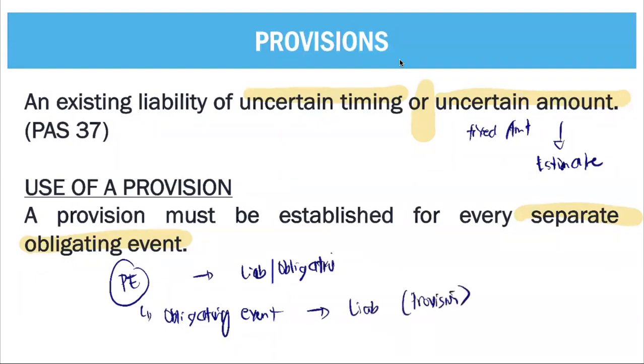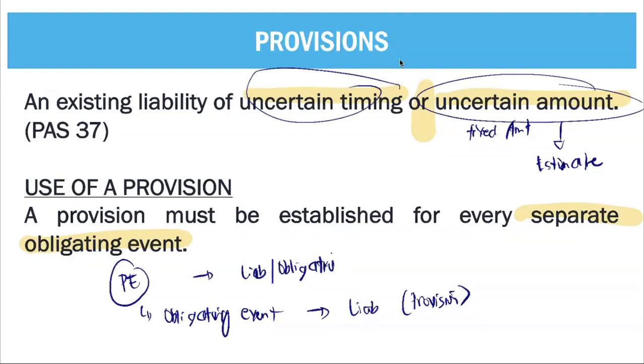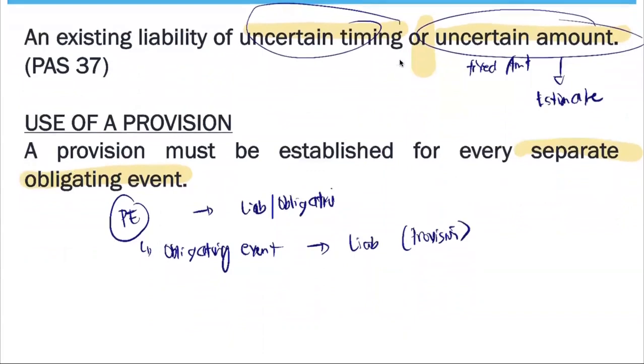So take note: provision, uncertain timing or uncertain amount. Whatever concepts we learned as to the recognition of a liability still apply to a provision, except that in this type of liability, we have uncertain amount or uncertain timing.